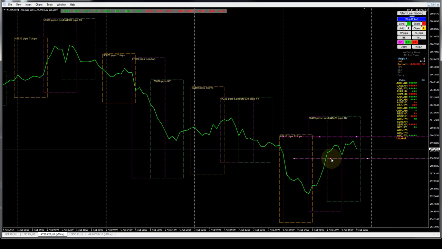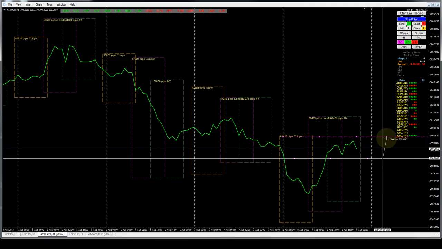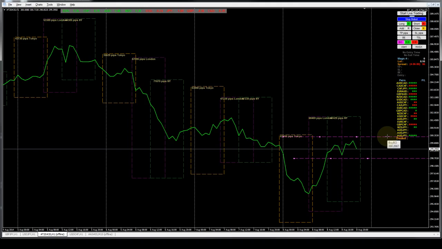But in this case where they're only 161 pips, which isn't much stop loss for a 20 pair.